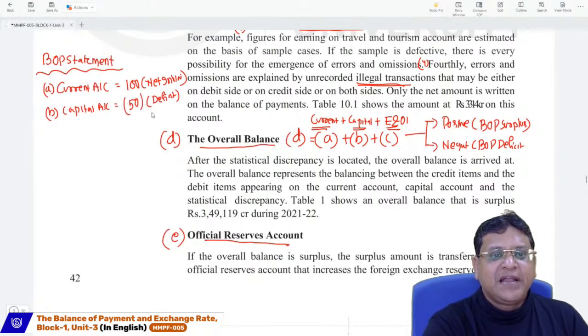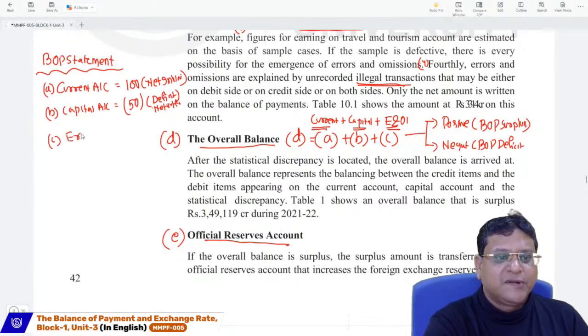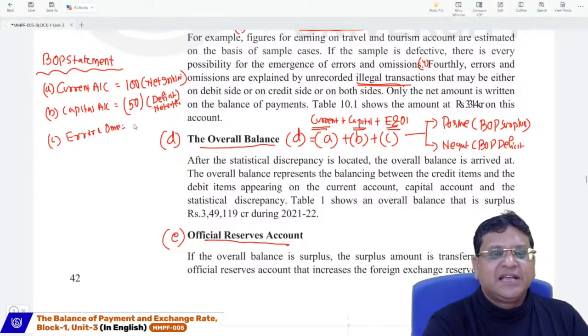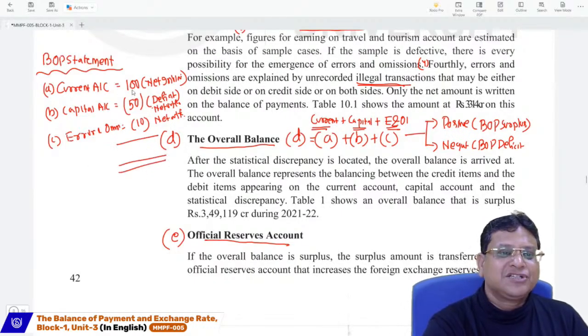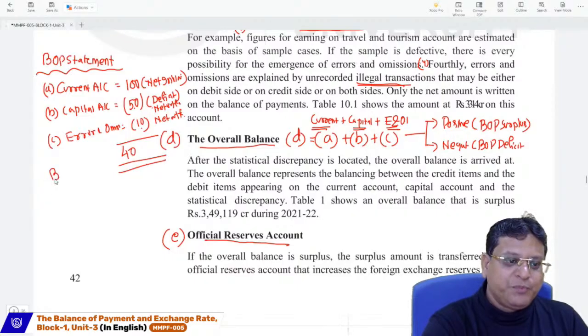Deficit means net outflow. And there is error and omission, let's say 10, that is net outflow. So if we add all these things, we get 100 minus 50 minus 10, that is equal to 40. That is BOP surplus.